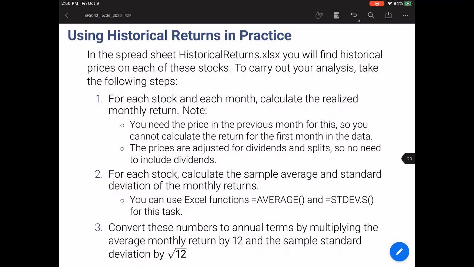This is because we assume that the variance is linear with time. This is just an assumption that's based on a continuous time model. For those of you who are taking stochastic calculus, you know what I'm talking about. Otherwise, don't worry, this is by assumption. We are simply assuming that variance grows linearly with time.